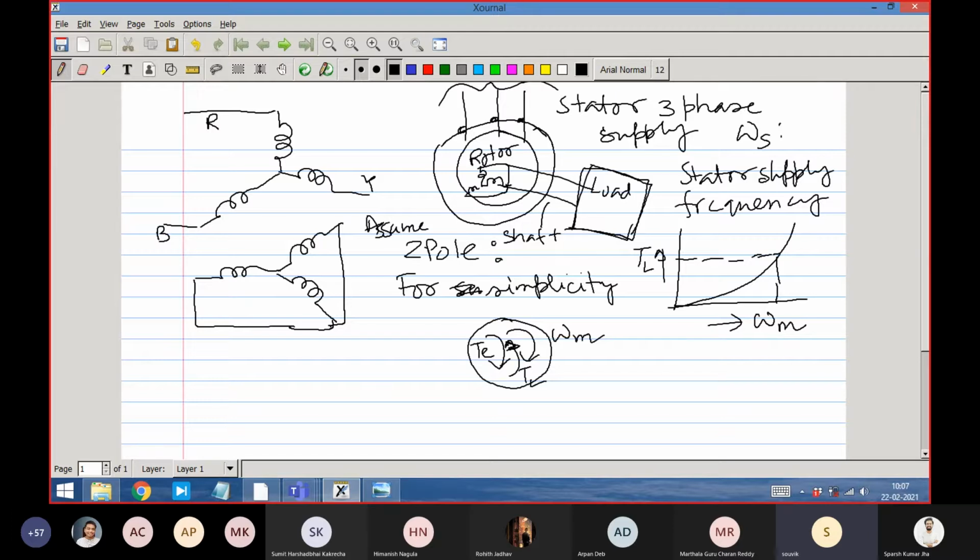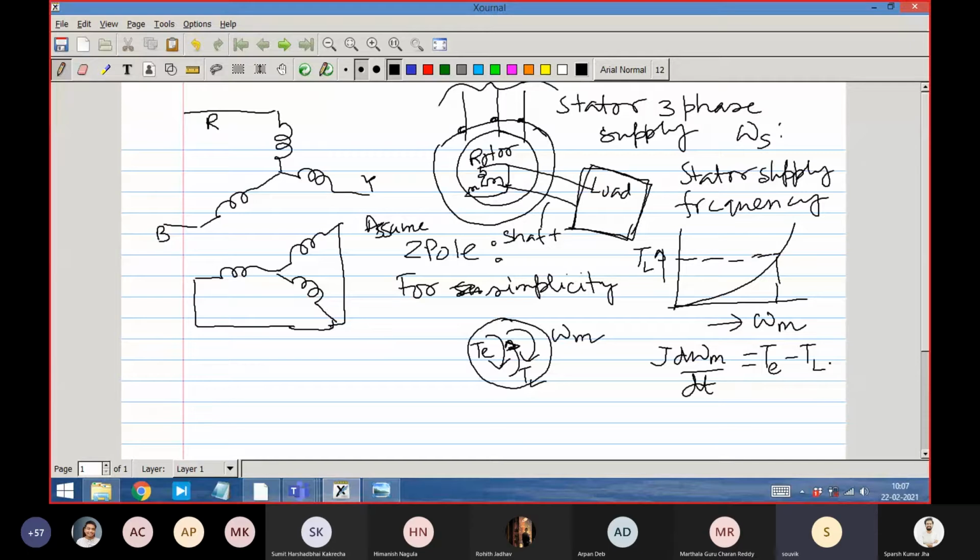The dynamic law is J d omega m by dt, a differential equation, equal to Te, the electromagnetic torque, minus TL, the load torque.